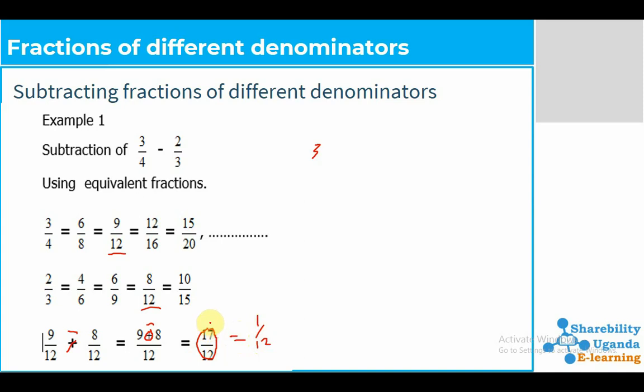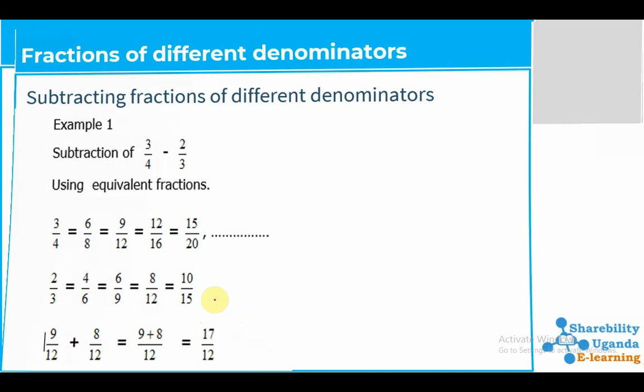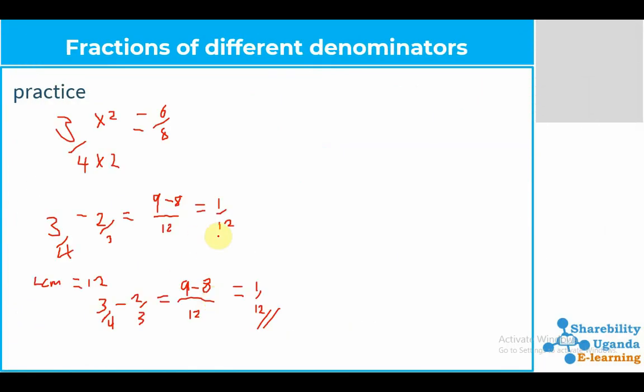So this is what they were supposed to get. When you use our method of equivalent fractions, it still gives you the same answer as our method of LCM, lowest common multiple. So possibly that's how we can solve numbers of different denominators when given.